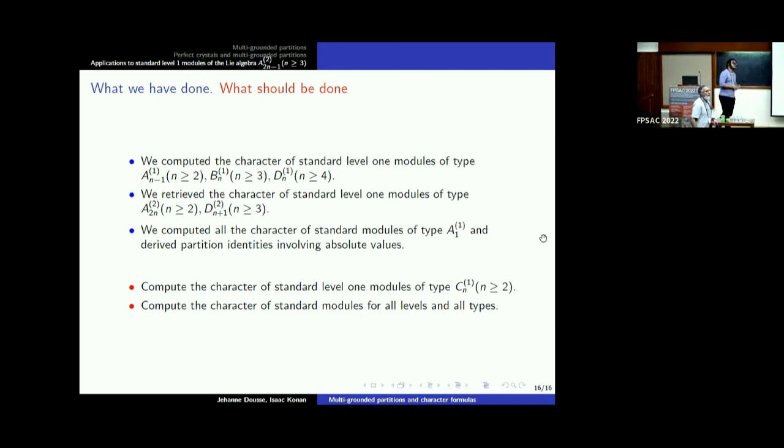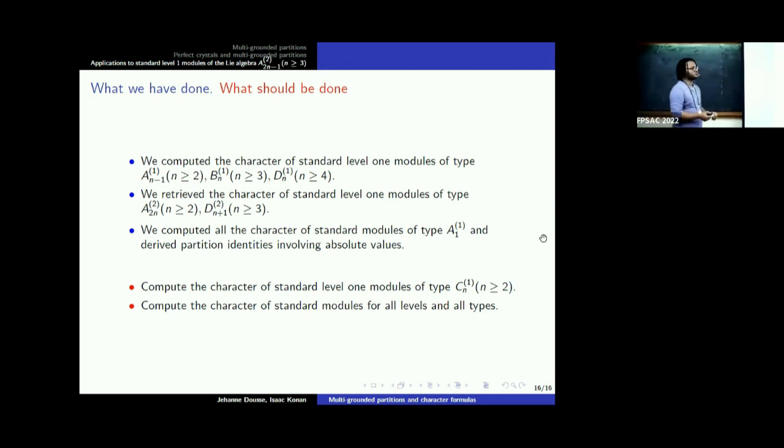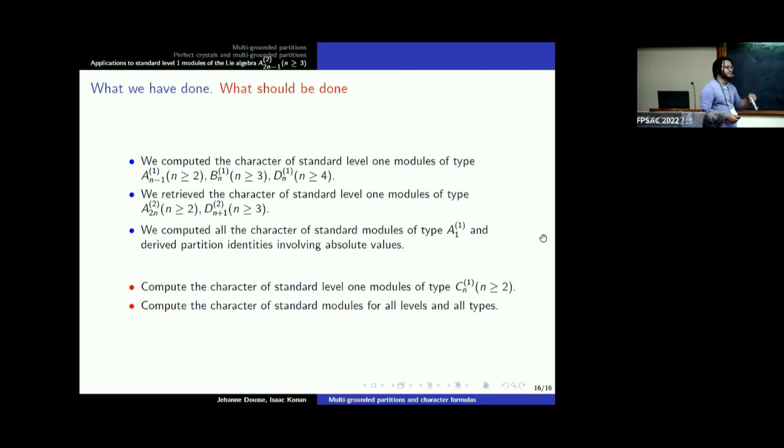So if I'm taking a guess a little bit, you're using one particular realization, one very particular perfect crystal for each type. What happens when you change to some of the other perfect crystals? No, the formula is for any perfect crystal of a certain level. But we will have a different multi-ground partition.